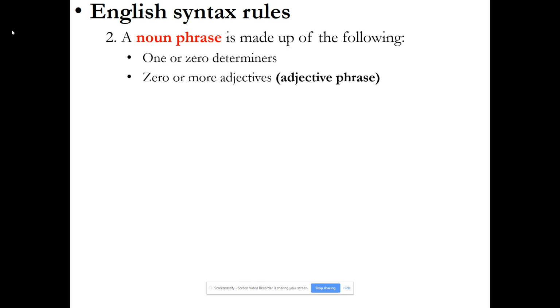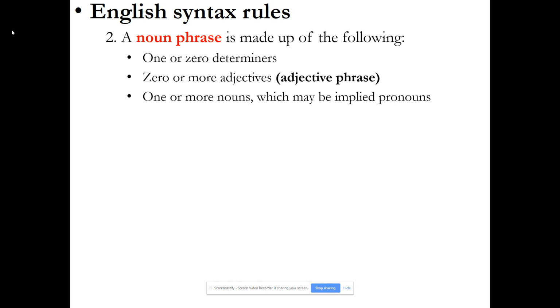We, by the way, will call zero or more adjectives put together an adjective phrase a little bit later on, right? One or more nouns is part of a noun phrase, and these may be pronouns. Remember, a pronoun stands in as a noun in all cases, and so pronouns are automatically nouns, right?